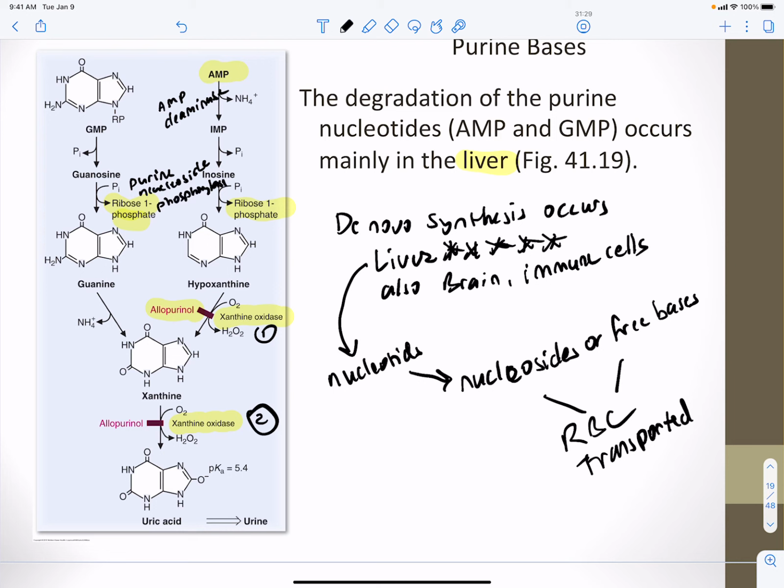Now what happens is the bases will be picked up. So you have your cell, it can be anywhere, a muscle cell, and it'll pick up your bases from your red blood cells. And then most of these cells are going to be able to salvage these bases to generate nucleotides.